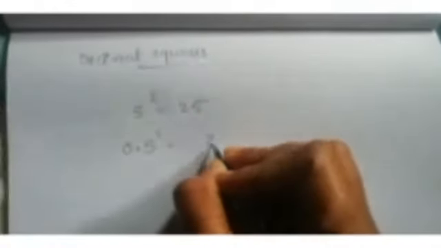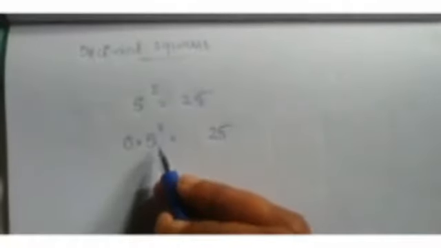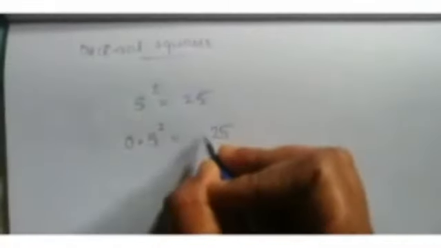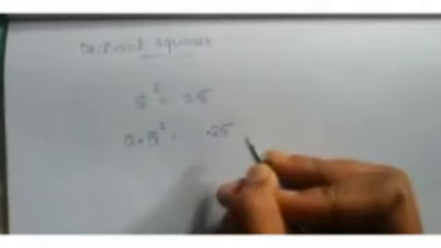So take the square of the number, 25. Then check the number of decimal places. Here, only one decimal place is in the question. So we place 2, double. 2 decimal places, 1, 2. So we place the decimal here: 0.25.